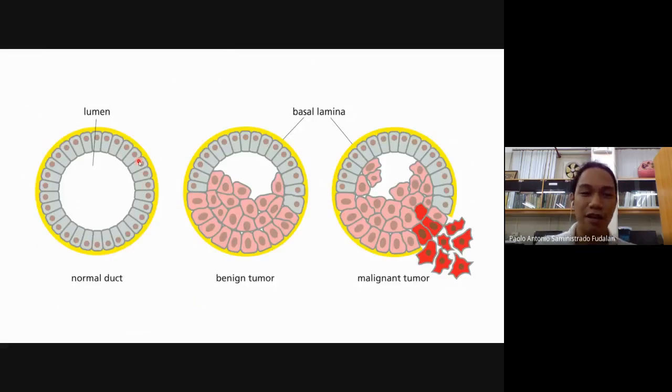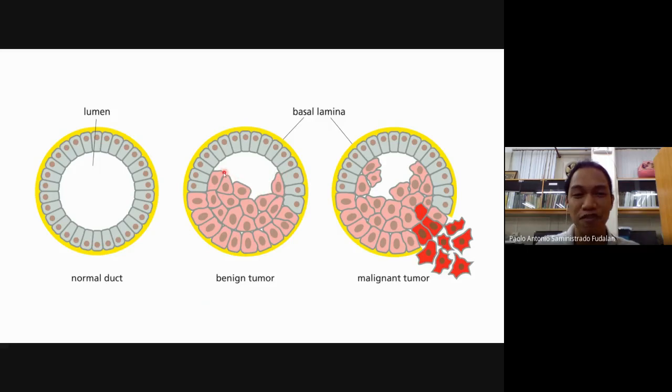So here's a general view of how cancer cells are. Here on the left we have normal cells, epithelial cells, say lining the intestine. And you can see here in yellow the basal lamina, the extracellular matrix. Now, when a mutation in one cell causes the cell to divide uncontrollably, look what happens here in the middle.